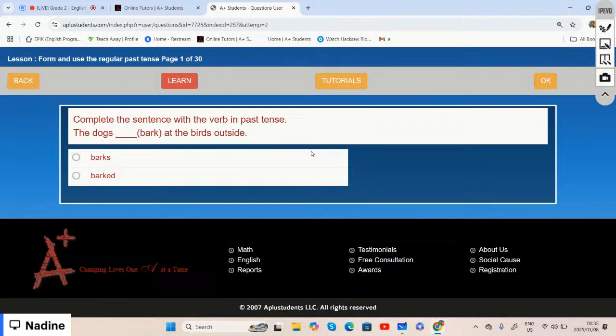All right. So now it says the dogs bark at the birds outside. So the word bark, if we were to write it in the past tense, is it barks, option one, or barked, option two?